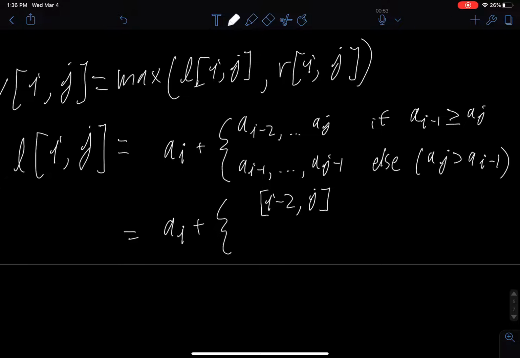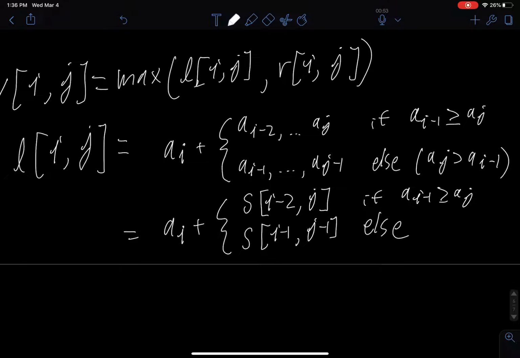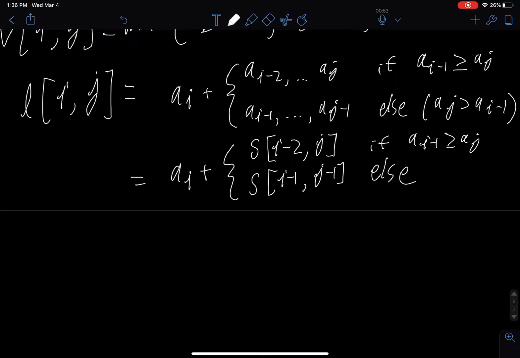When it comes time for us to look at I minus 2 through j, we're simply looking at our best possible overall score, choosing left or right. And once again, this condition is our opponent's choice. So this right here is our recurrence relation for L sub ij.